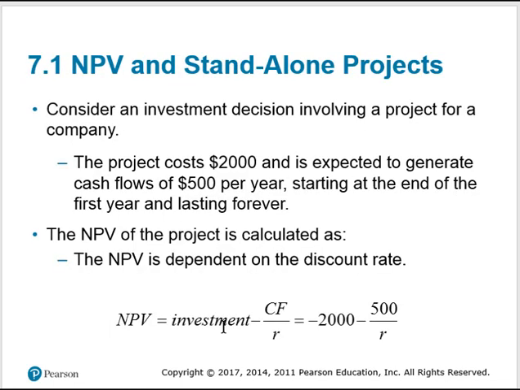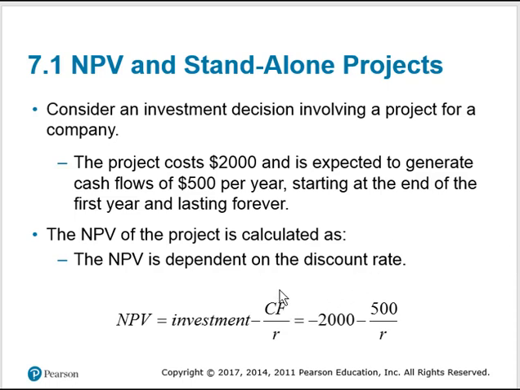So let's first talk about, remember a little bit about net present value. This is a very simple formula. It assumes cash flows that last forever. So this is what we refer to in the time value context as a perpetuity. And it has a very simple formula.